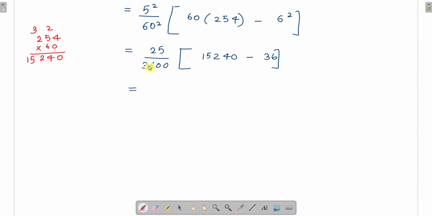How many 25s are in 3600? For that we have to divide 3600 by 25. 25 ones are 25, then 25 fours are 100, 25 fours are 100, then this 0 we will take down.